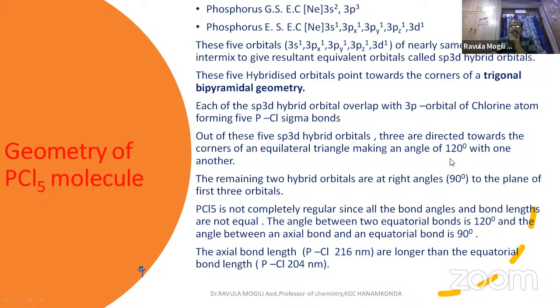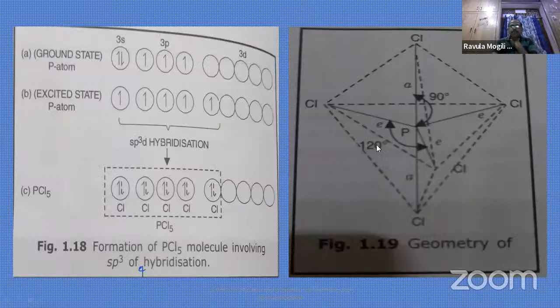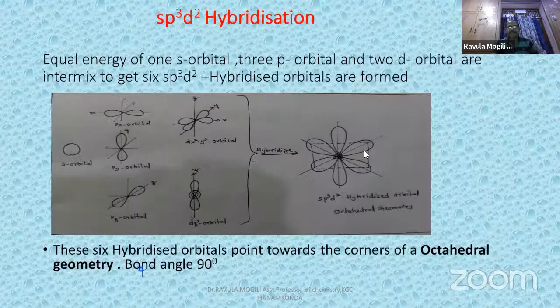In that, one bond angle is 120 degrees and another is 90 degrees, so two bond angles are present. In PCl5, for the equatorial chlorines, the bond angle is 120 degrees. For the axial chlorines, the bond angle is 90 degrees. So this is regarding PCl5.